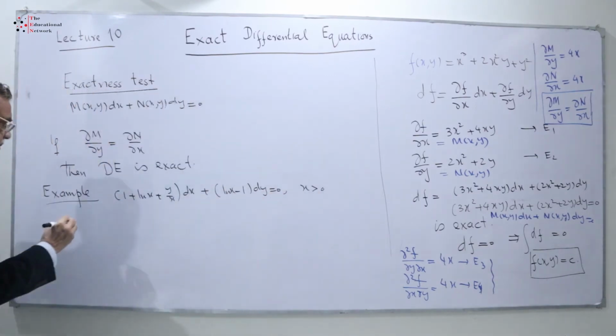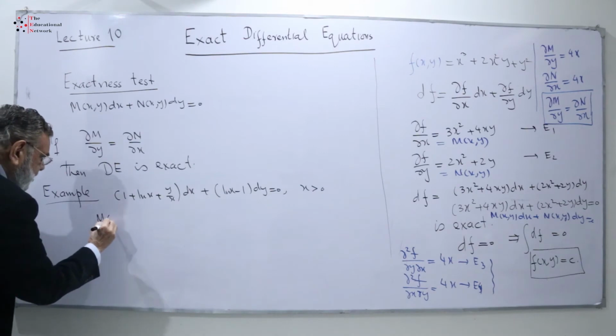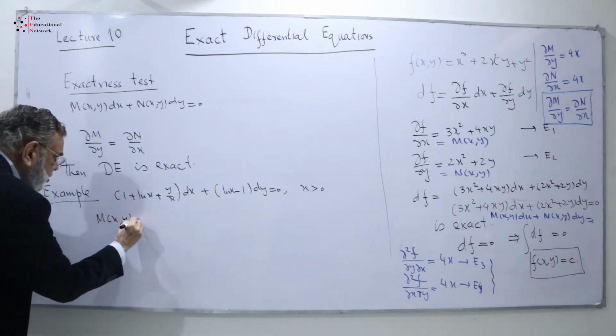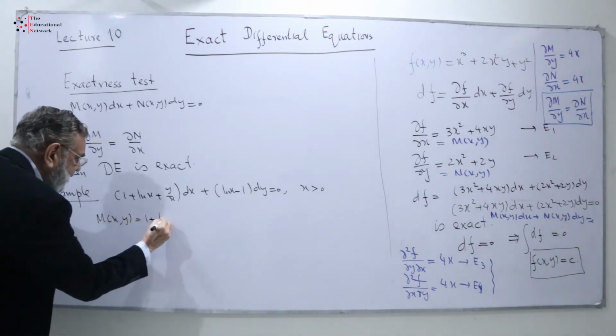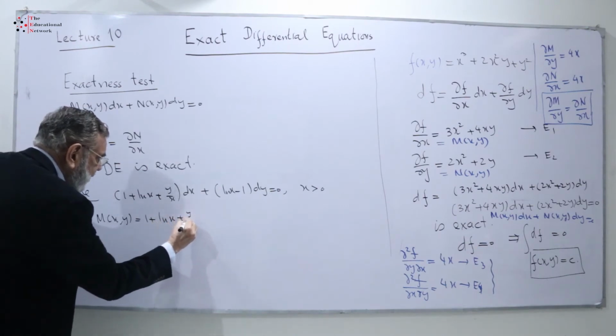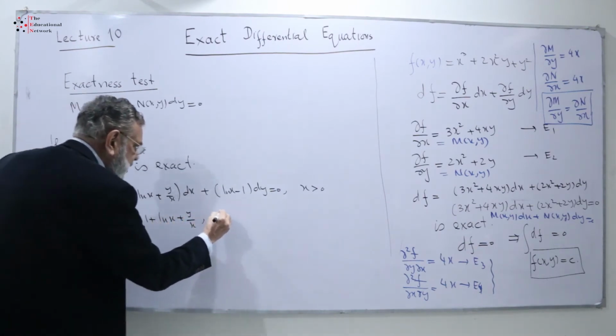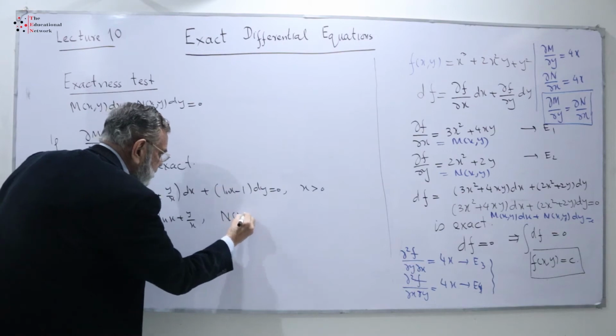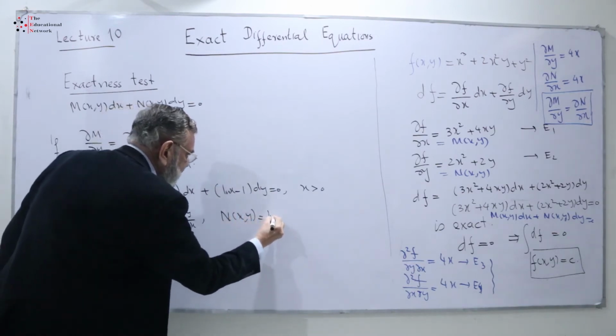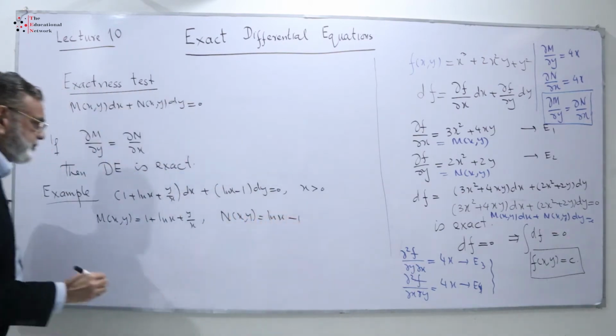So what's my M(x,y)? My M(x,y) is equal to 1 plus ln x plus y upon x, and my N(x,y) is equal to ln x minus 1.